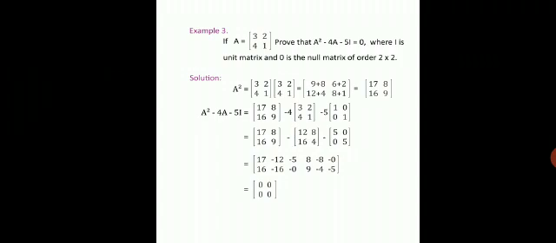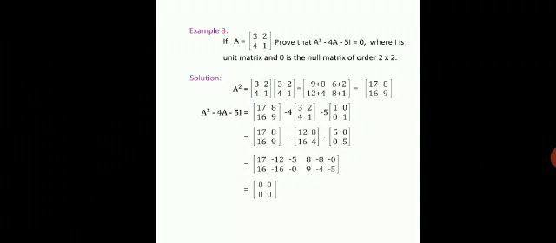It becomes first row, first column is your first element. First row with second column is your second element. Second row, first column is your third element. Second row, second column is your fourth element.